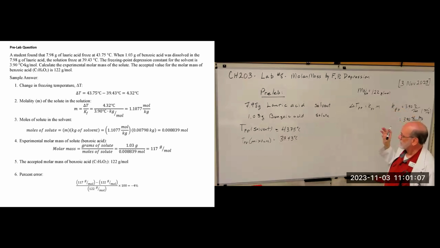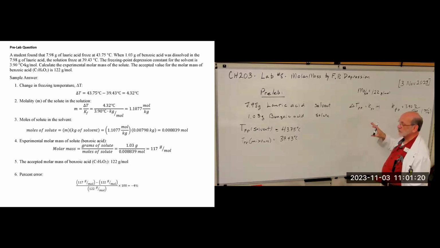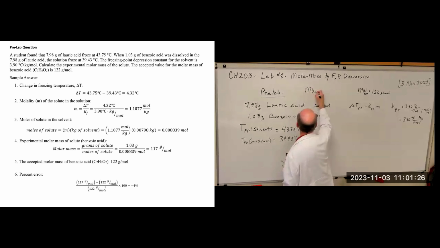We're going to use this information to determine the molar mass of benzoic acid. All right. So if we're going to use this formula, we also need the formula for molar mass. Molecular weight, which is the way I abbreviate it, is mass per unit mole, grams per mole.